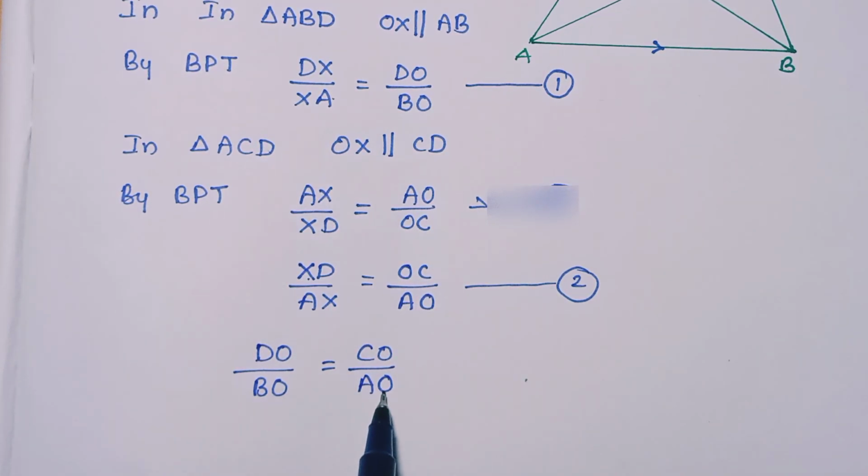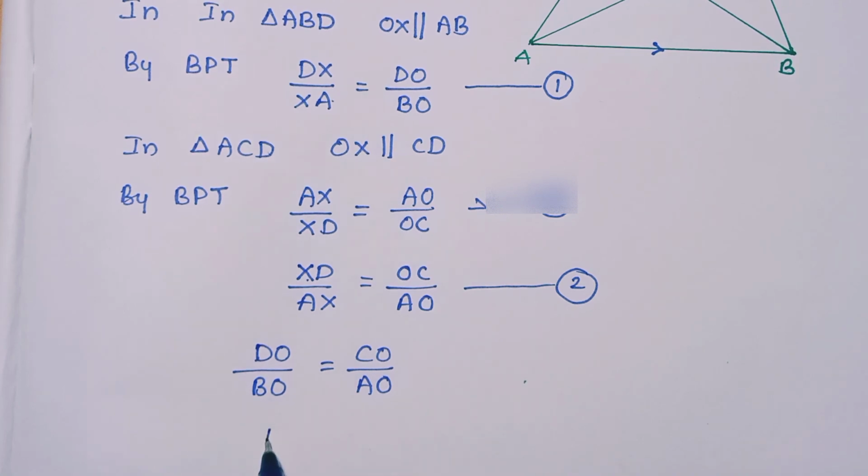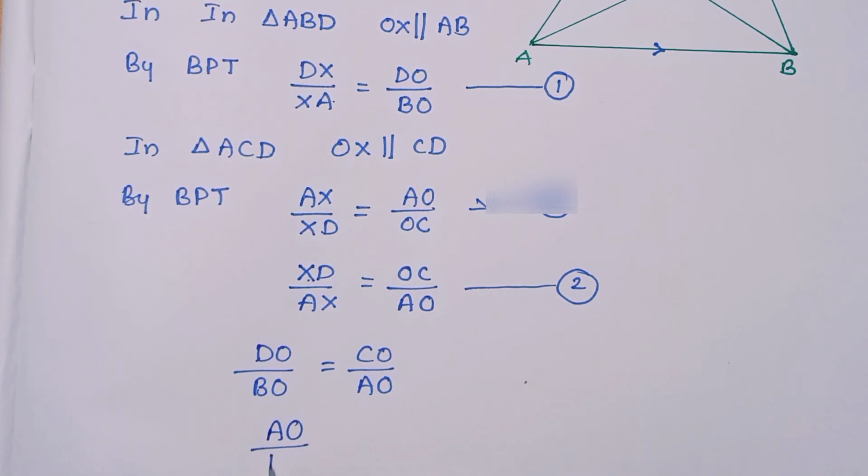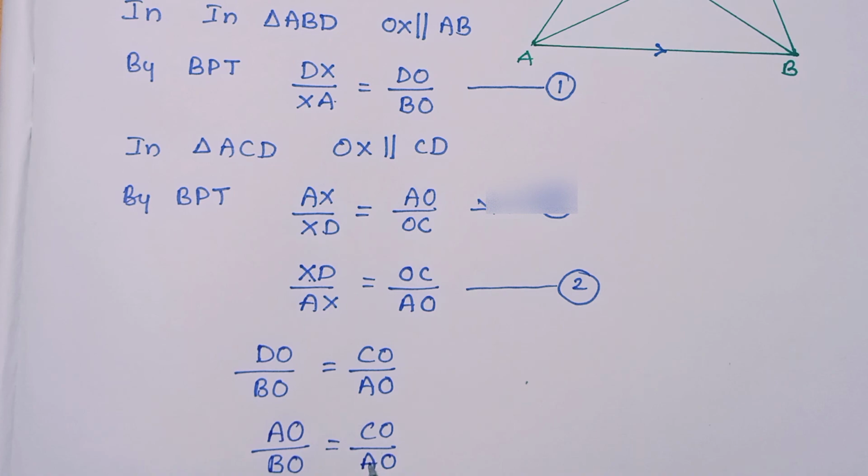Now we can interchange AO and DO, because AO is dividing this side and DO is multiplying this side. Then we can write AO by BO is equal to CO by DO.